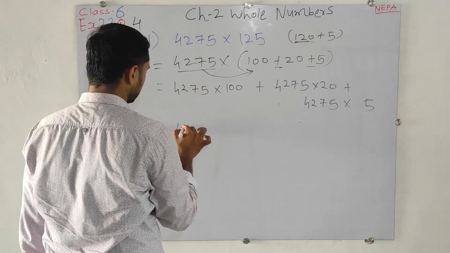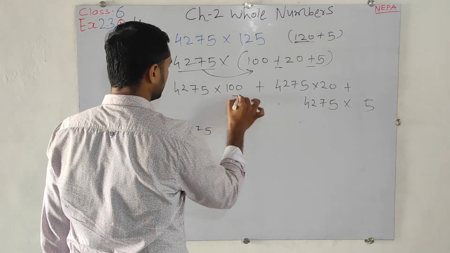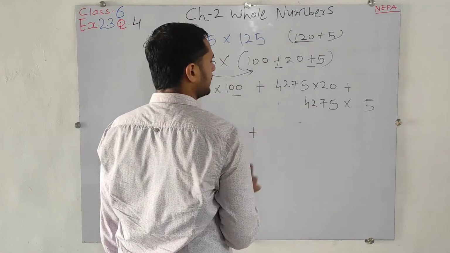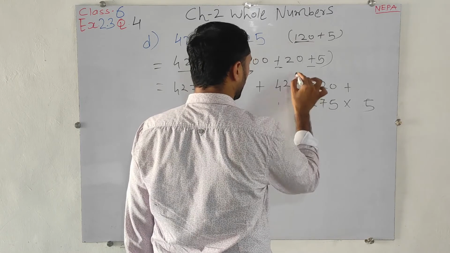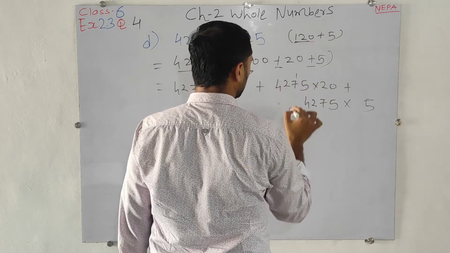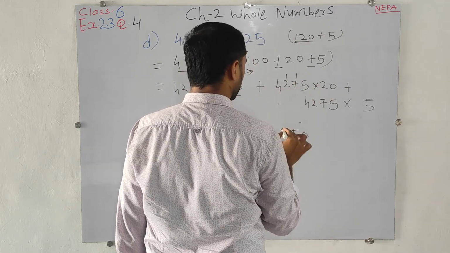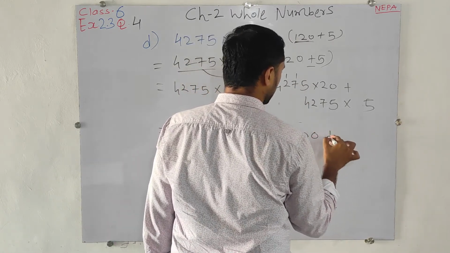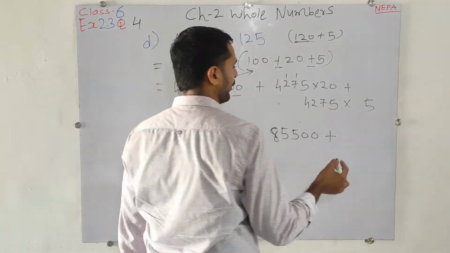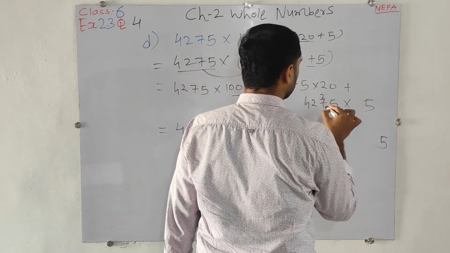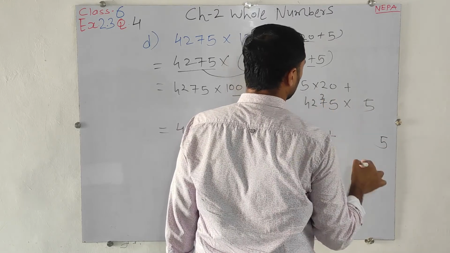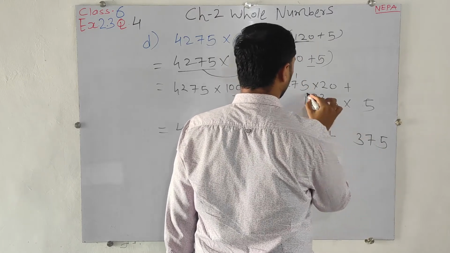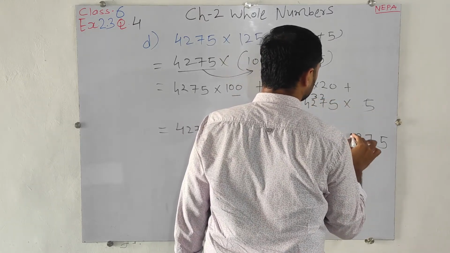So this number as it is 4275 and these 2 zeros, so 2 zeros, plus here that will be 5, 2 5s are 10, 0, 1, 2 7s are 14 and 1 is 15, 5, 1, 2 2s are 4 and 1 5, 4 2s are 8 and 0, plus, now the multiplication with the 5, 5 5s are 25, 5 2 carry, 7 5s are 35, 35 and 2, 37, 3 carry, 5 2s are 10 and 3 is 13, 1, 5 4s are 20 and 1 is 21.